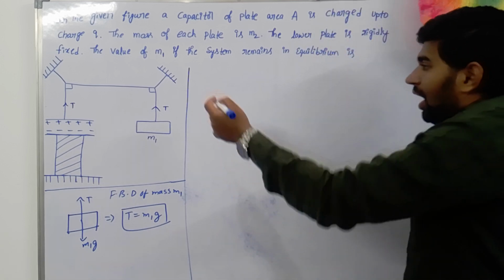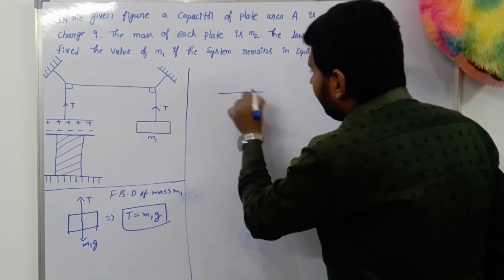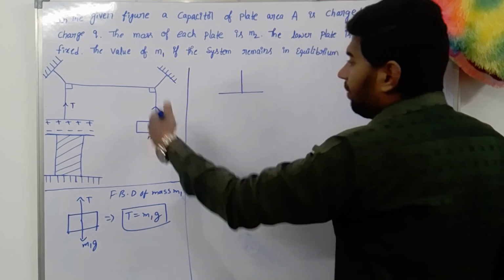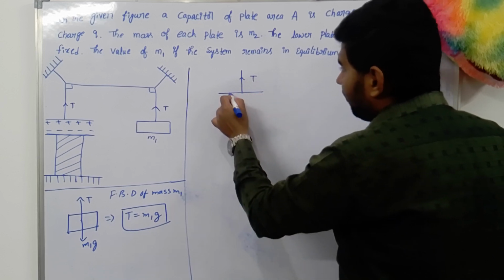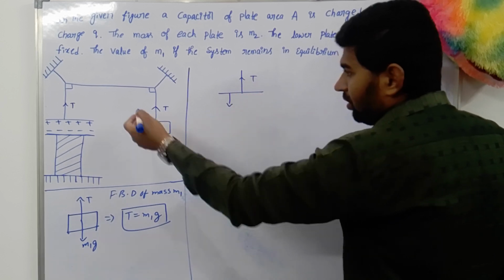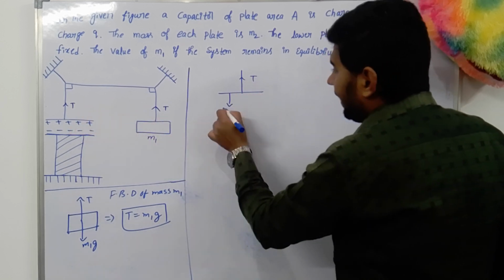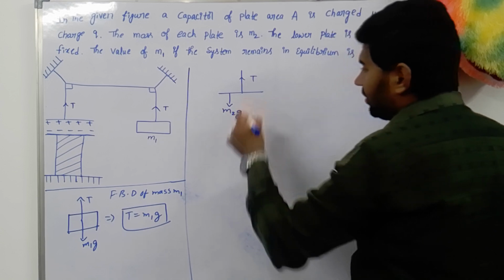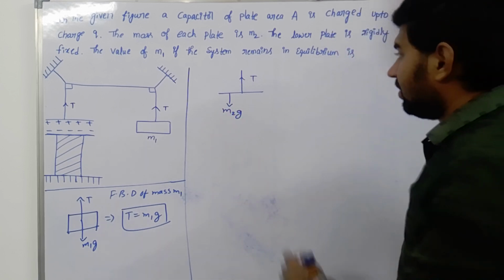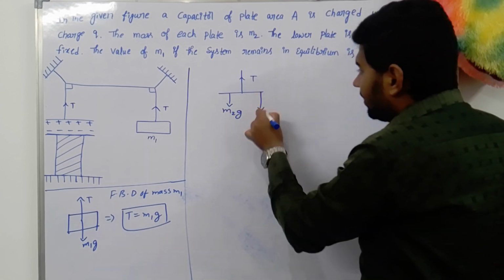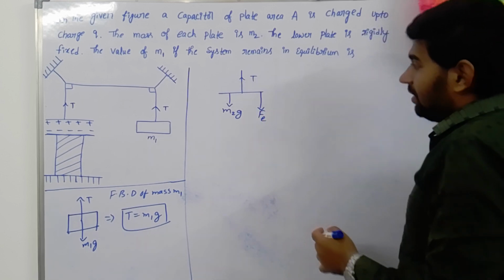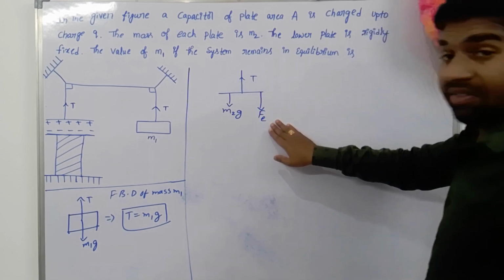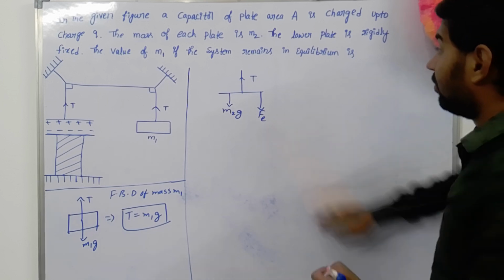From that, we have to draw the free body diagram for the upper plate of the given capacitor. Upward force, tensional force; downward force, the mass of each plate is M2, so the downward force M2g. The force is attractive in nature, so here the force also is in the downward direction, Fe, where Fe is the electric force.